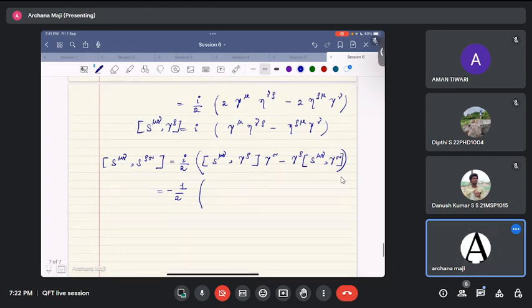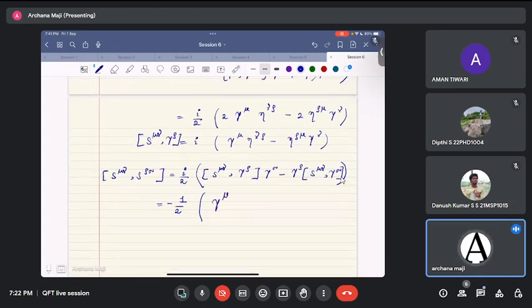Gamma mu gamma sigma, eta is just diagonal, right? So the order doesn't matter for eta. It will commute with all the matrices. Then eta nu rho minus the second term, gamma nu gamma sigma eta rho mu.